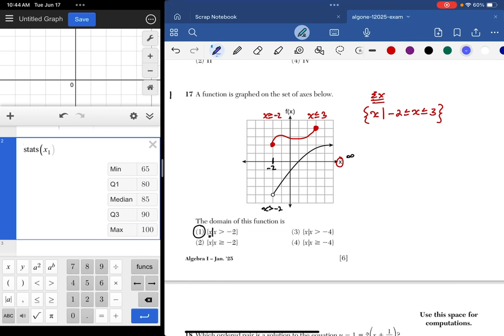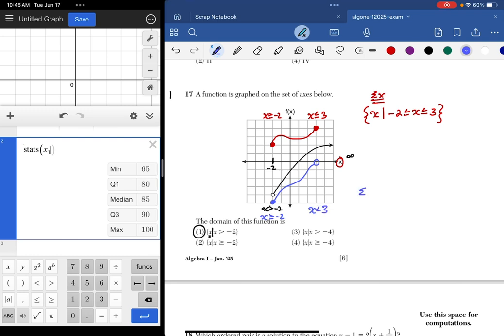All right, and I'll just do one more here. Let's say you have a closed circle here and an open circle up here. And again, it doesn't really matter what it looks like along the way. So here we would say x is greater than or equal to -2, and for this part, I would say x is less than 3.